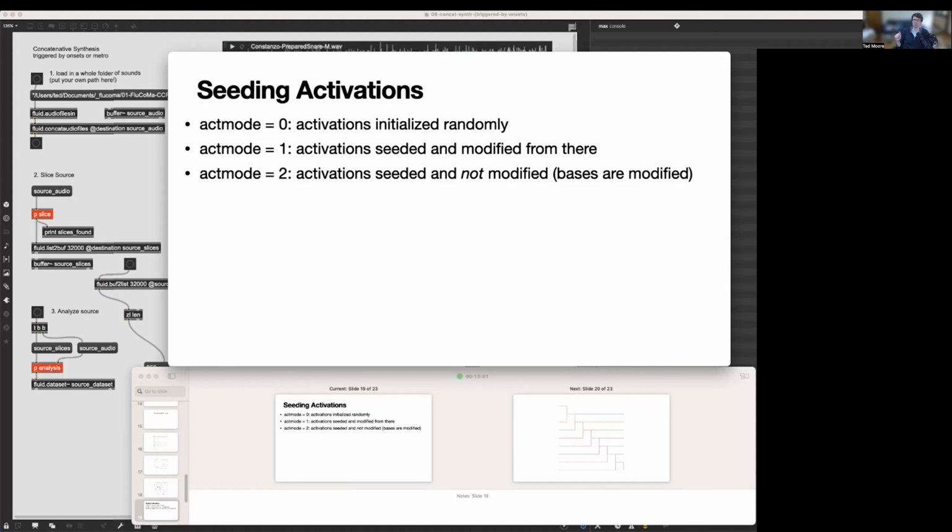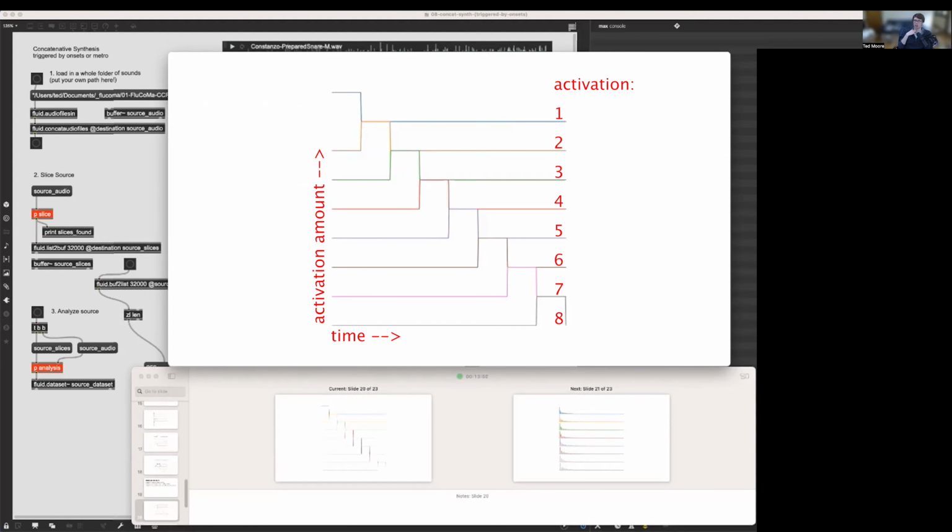Again, we're not going to talk about act mode 2, but we'll look at act mode 1. So if I were to go back to my sawtooth wave scale, which is 8 notes, they're all 1 second long, and seed the activations like this, when I decompose that scale, I'm telling NMF there will be one sound object at the beginning of the buffer, another sound object for the second second of the buffer, another for the third second, another for the fourth second, etc., up till the end of the buffer.